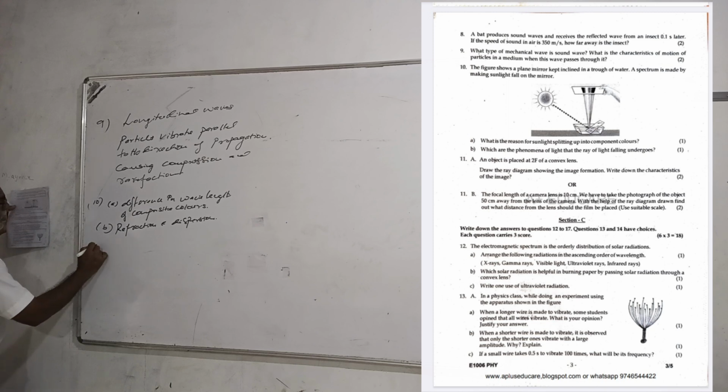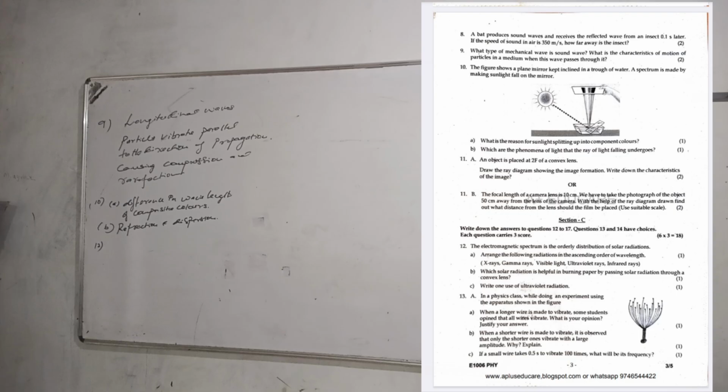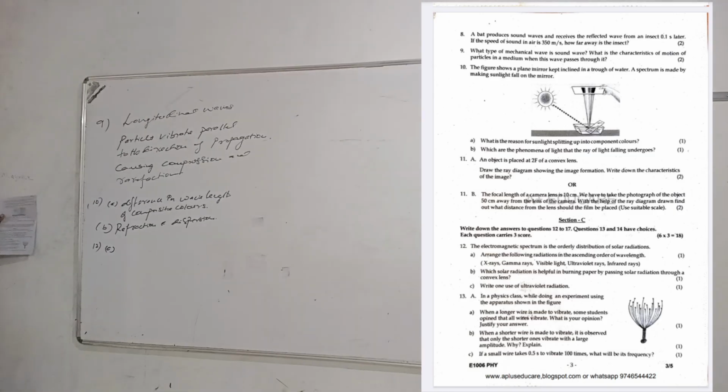Twelfth question. The 11th question I will do afterwards. The electromagnetic spectrum is the orderly distribution of solar radiations. Question A. Arrange the following radiations in the ascending order of the wavelength. The wavelength is less for gamma rays.